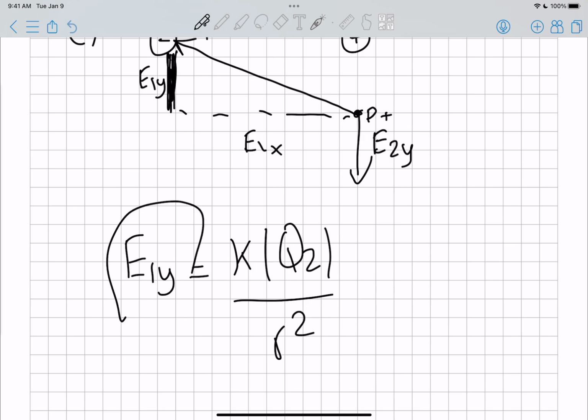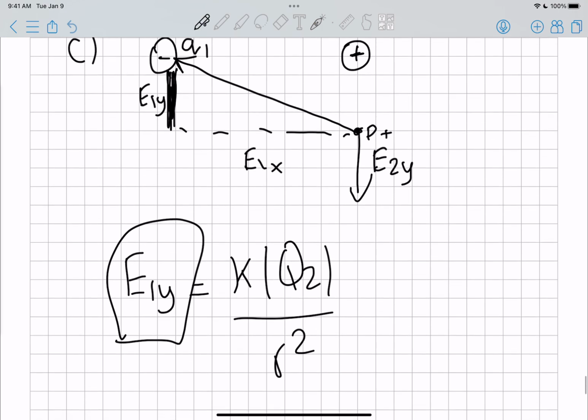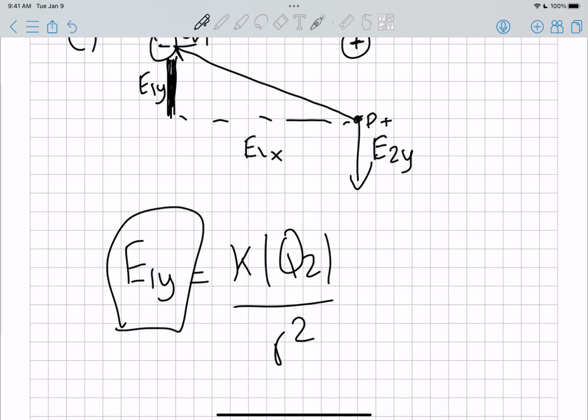Because you want the electric field generated by Q1, the y component of it at least, to be equal to the electric field generated by Q2. Or at least, hold up, maybe did I do that incorrectly?